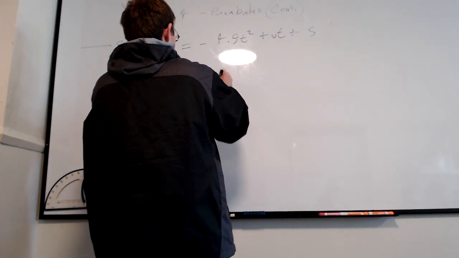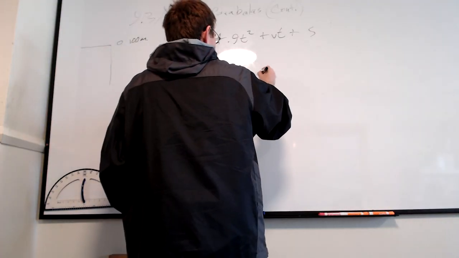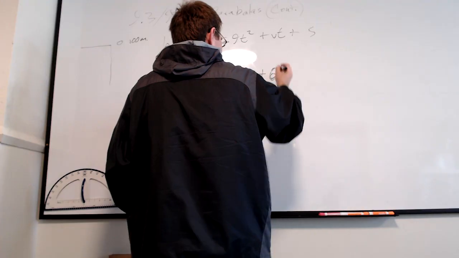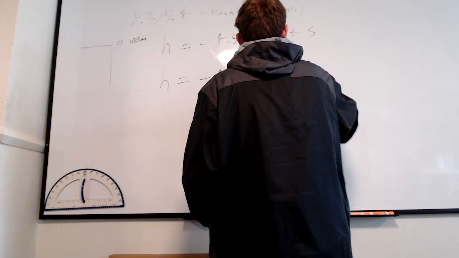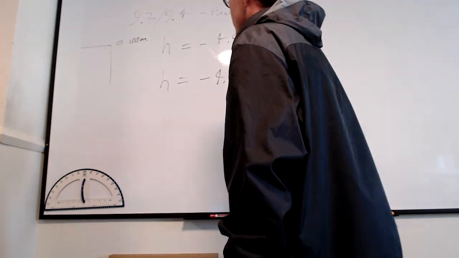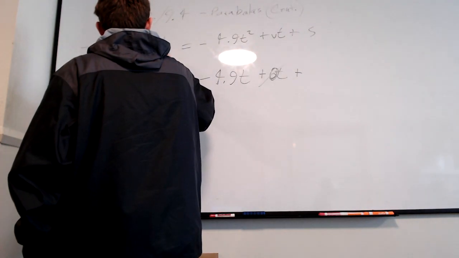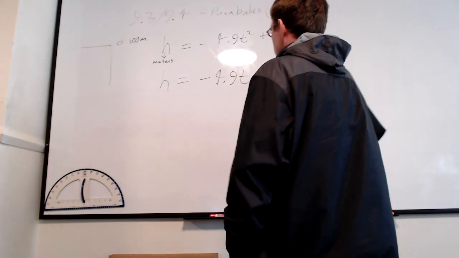So you have negative 4.9 t squared plus 0 t. Why are we not putting in negative 16 anymore? Because we're doing it in meters. This is the height in meters. There's two different ways to measure it, feet per second or meters per second.